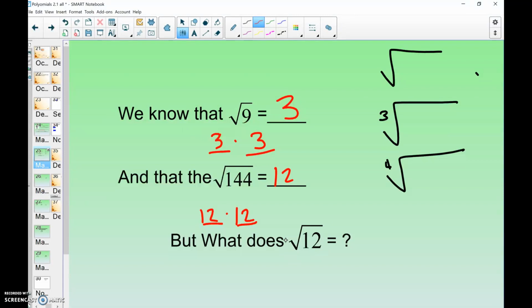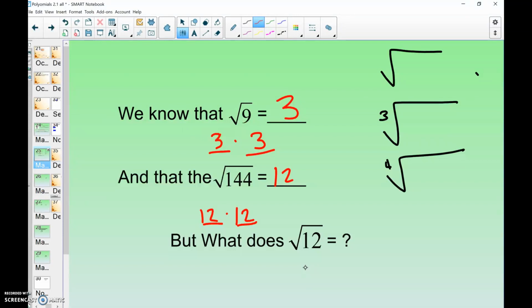However, if you type the square root of 12 into your calculator, there is no whole number that equals 12 when multiplied by itself. In fact, when you do it, it comes out to a crazy decimal. I'll even type it in just to see. Yeah, we get 3.46410, and it keeps going on without a pattern. We don't want to have that.